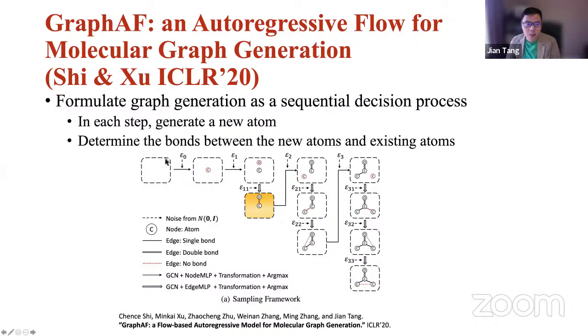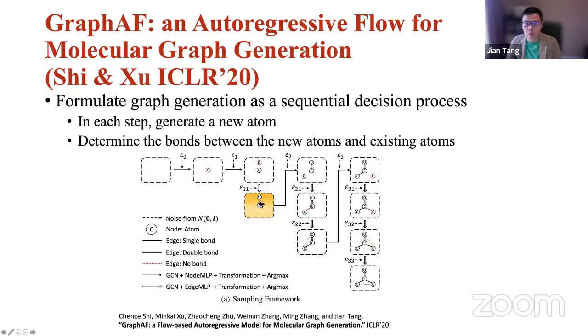Let's say in the beginning we start from an empty graph, and at every step we generate a new atom. For example, in the first step we generate a carbon, and in the second step we generate an oxygen. But besides generating a new atom in every step, we also need to determine the bonds between the newly generated atom and the existing ones.